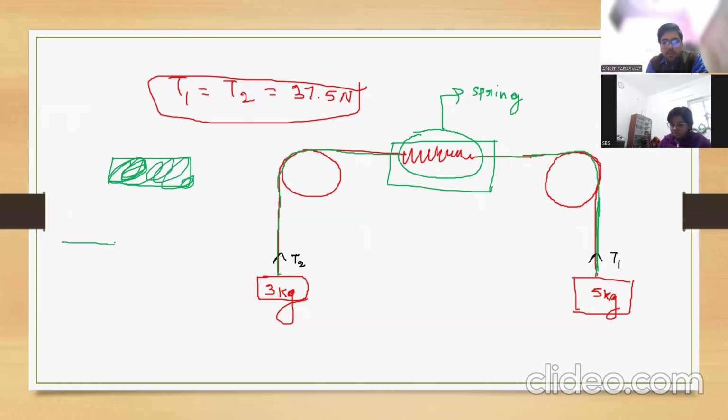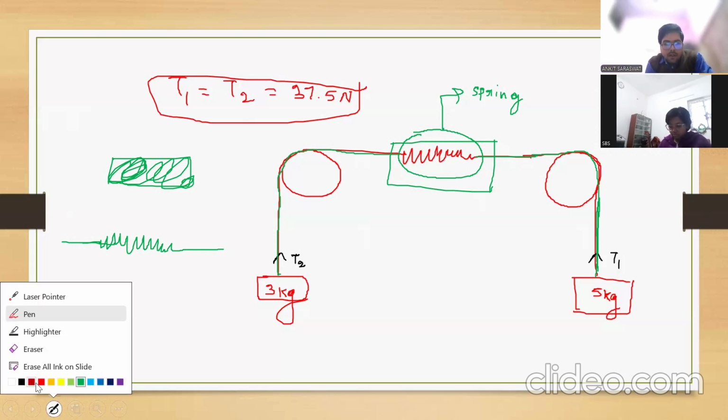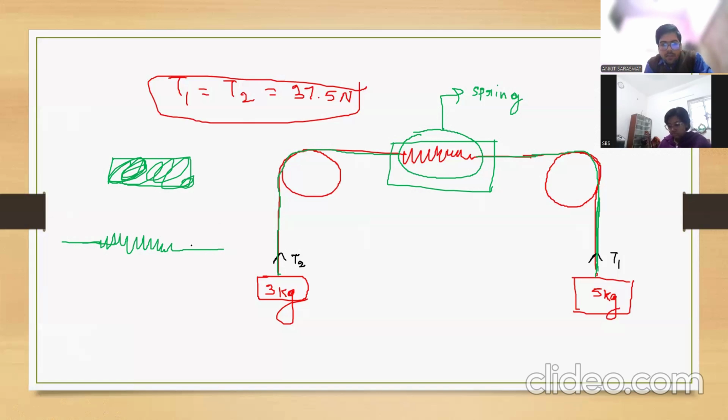Now if you take this spring balance as your system, then if you take this spring balance out, at the end of this wire, one tension will be like this, T1 here, and here, T2.